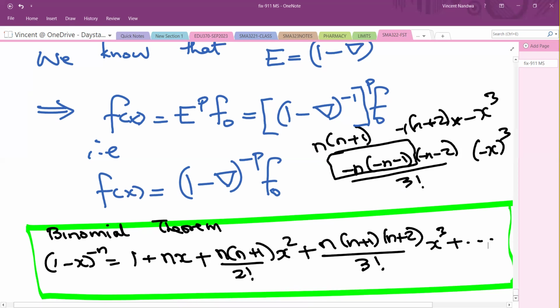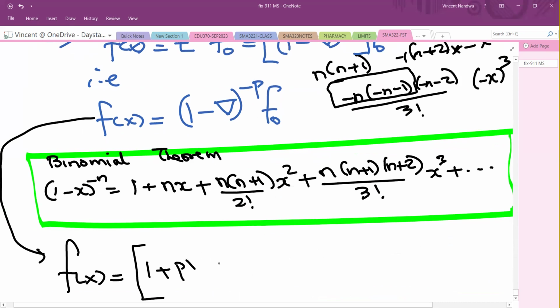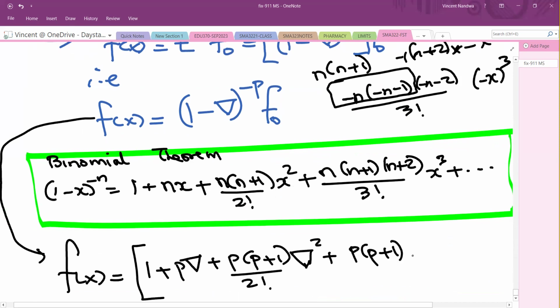So applying that to this equation, we'll have f of x equals 1 plus p backward plus p into p plus 1 over 2 factorial backward squared plus p into p plus 1, p plus 2 divided by 3 factorial backward power 3 plus other several terms.